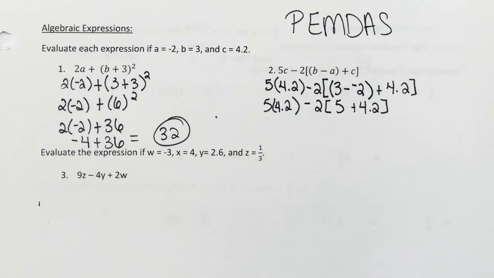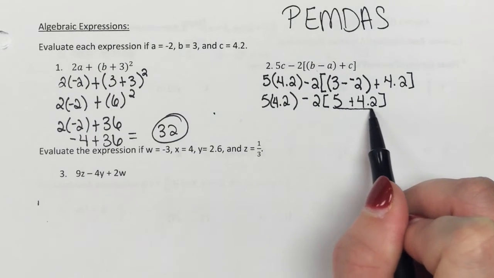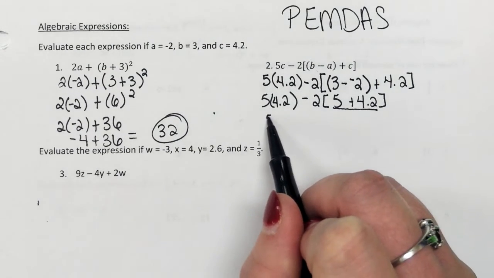Just bring that stuff down in the front. You see more parentheses? Yeah, because remember those brackets were just a fancy parentheses, right? So I got these brackets right here. What's this give me? 9.2. Very good.